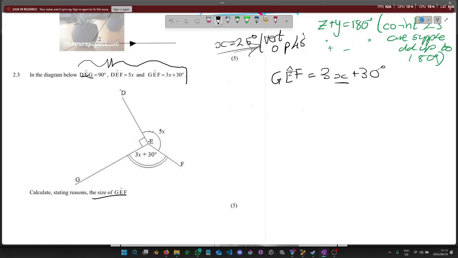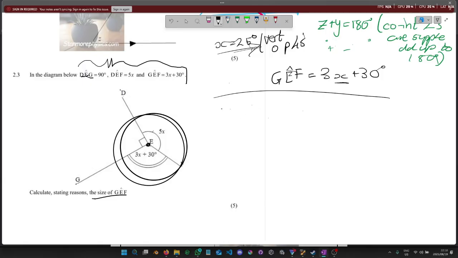If you look at this actually, it might have misled you by making it not look like it, right? But doesn't this look like there's one point and all of these angles are just around this one point, right? Isn't there something that we know about that? Isn't it that angles around a point is equal to what? 360 degrees, right?